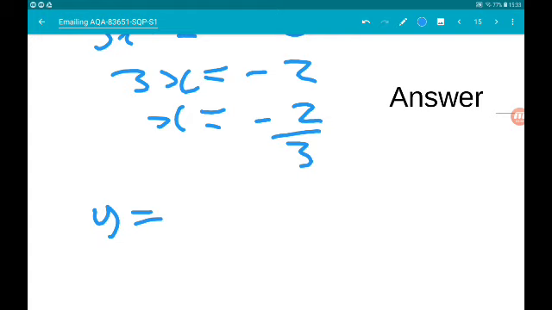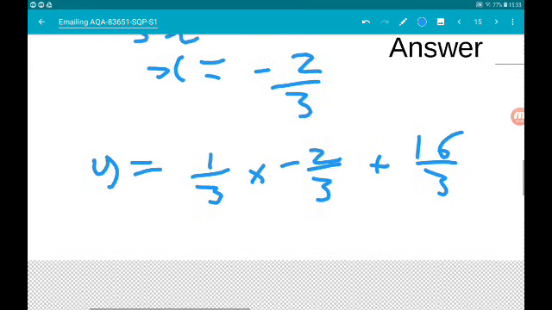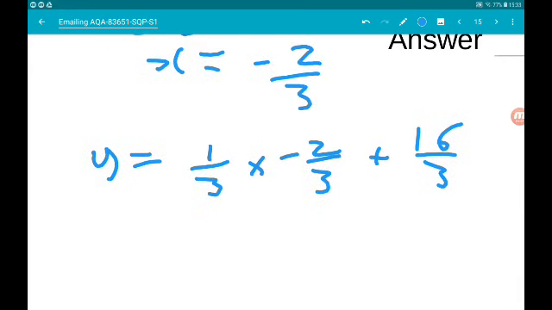So y is 1/3 times minus 2/3 add 16 over 3. 1/3 times minus 2/3 is minus 2 ninths. 16 thirds in terms of ninths is 48 ninths.